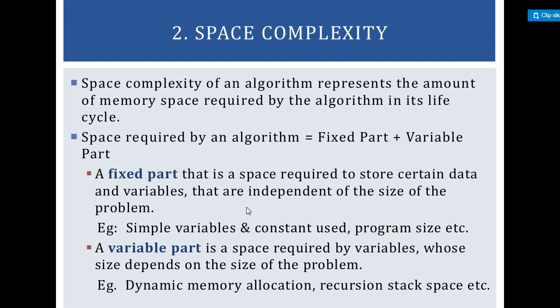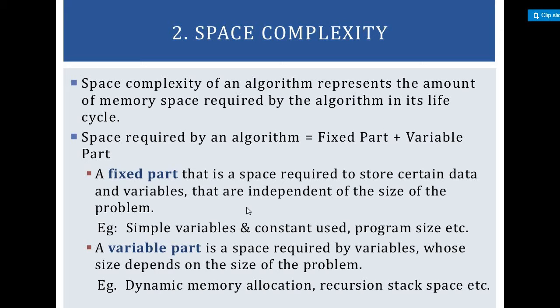Now space complexity. The space complexity of an algorithm represents the amount of memory space required by the algorithm in its life cycle. The space required by an algorithm is a fixed part plus a variable part.